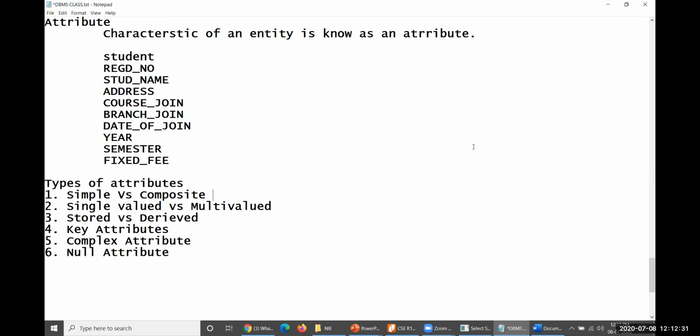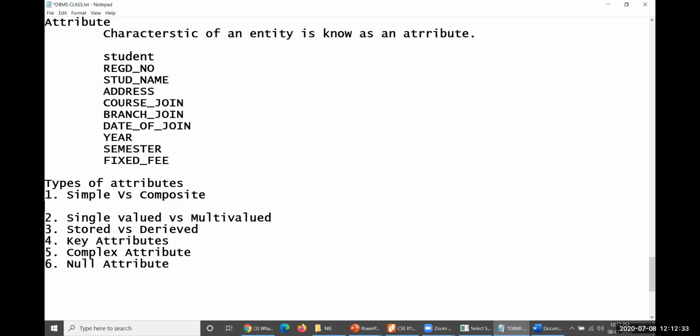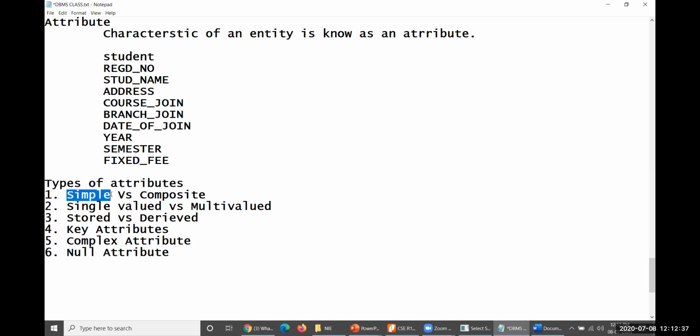Then here, what is simple versus composite? Please understand that simple, single valued, and stored are all the same because of the second word. Composite's opposite word is simple. Multi-valued's opposite word is single valued. Derived's opposite word is stored.